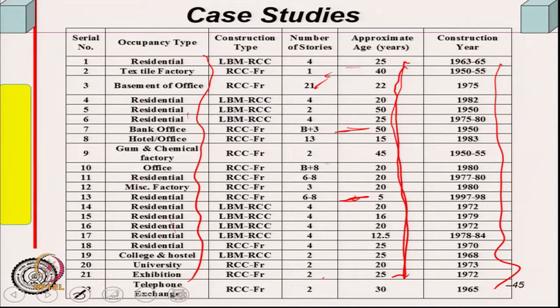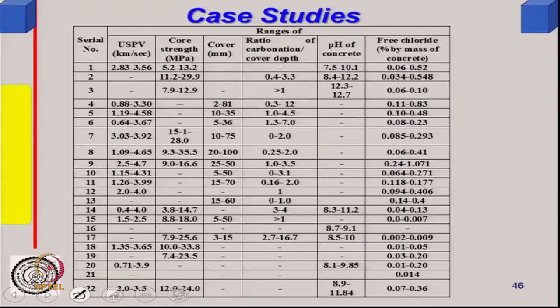The one which survived 5 years is number 13. If you see number 13 here, it had good cover, but many other places had covers that were not good, from 2 millimeter to 81, 5 to 36 and so on. This one had cover, but had another problem, chloride.